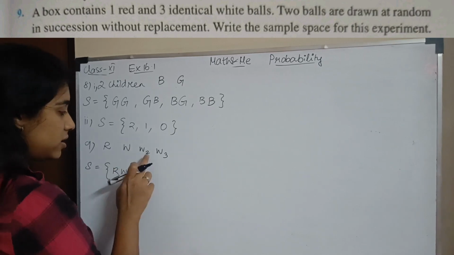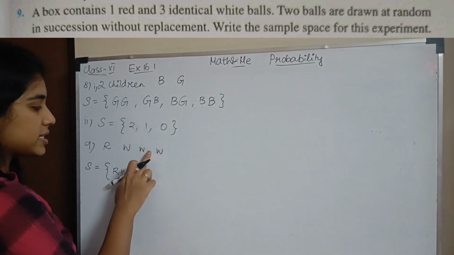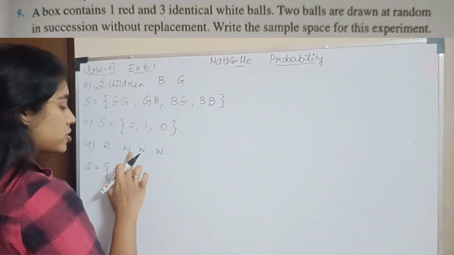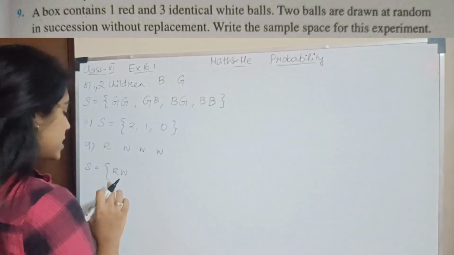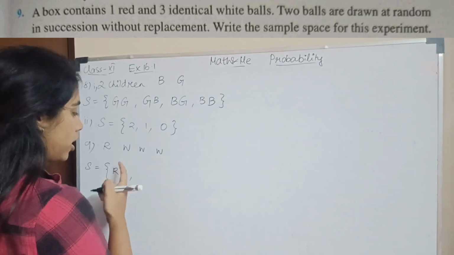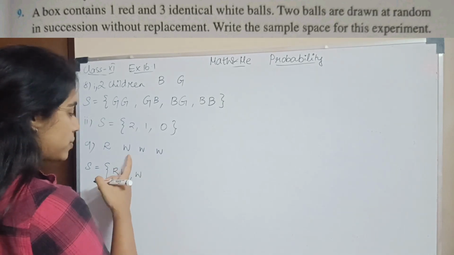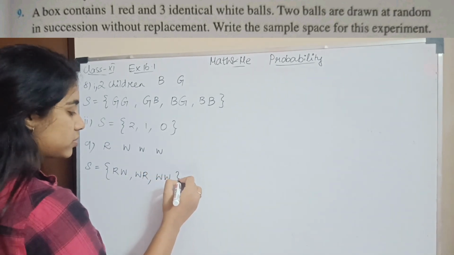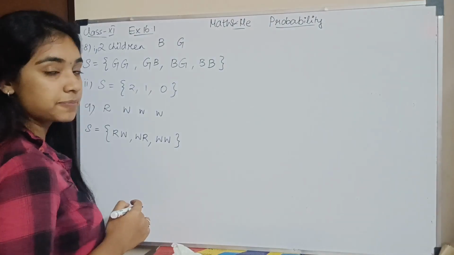Since they are identical, you do not have 1, 2, 3, it is simply W. So if you first pick a red ball, then you can pick a white ball. Or first a white ball, then a red ball. Or both white. This is your possibilities.